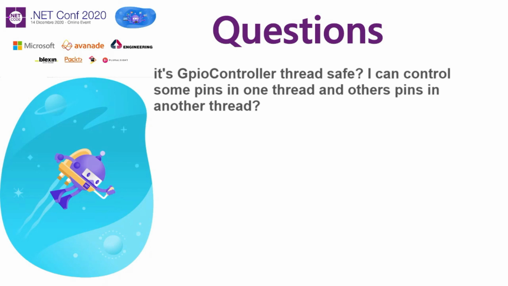If you try to use, for example, .NET run once in one and .NET run in another one, you don't have access to the same GPIO bank. Okay, I think it's clear.